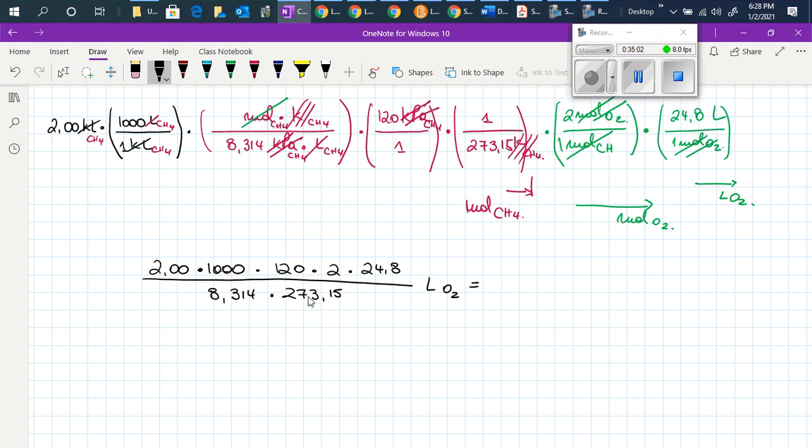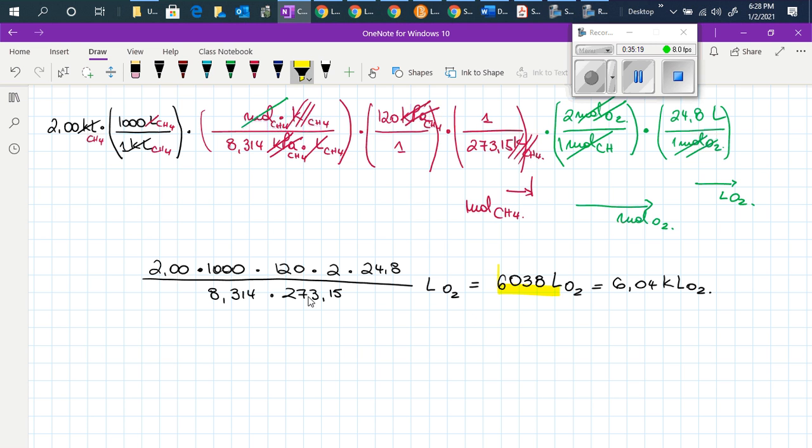And what you will have is 6,038 liters of oxygen, or 6.04 kiloliters of oxygen produced.